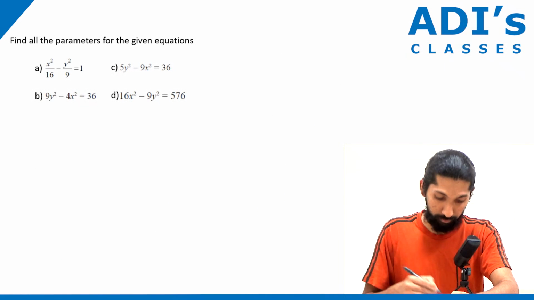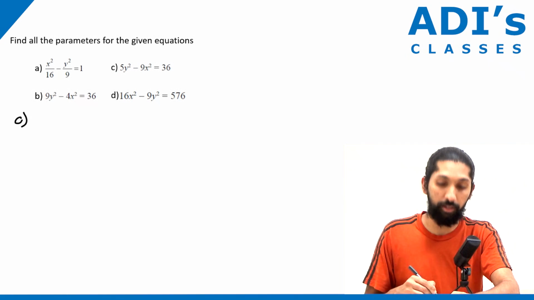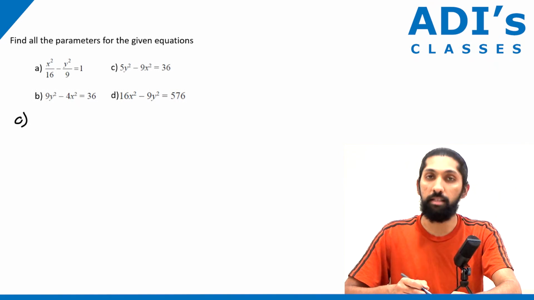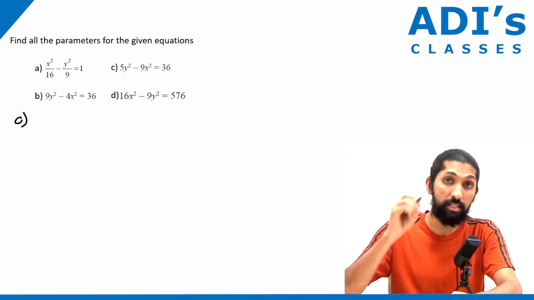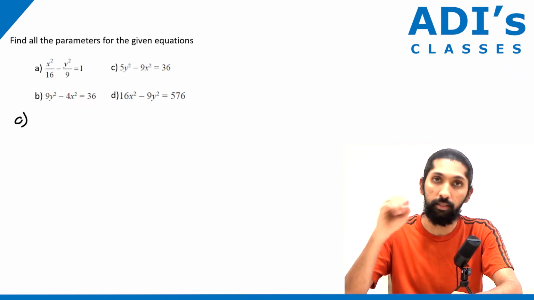See the third one? Again, do the same thing, but things are going to be a little bit different here. Because between 5 and 9, the LCM is not 36, but still the RHS should be equal to 1. So you have to divide by 36.